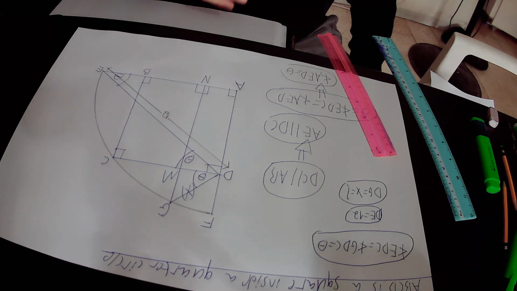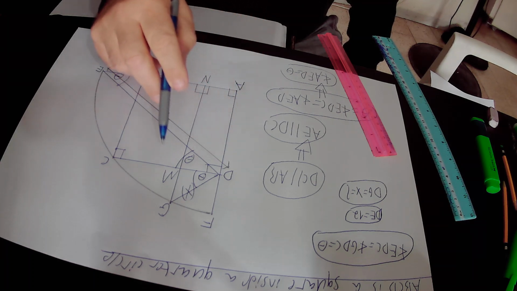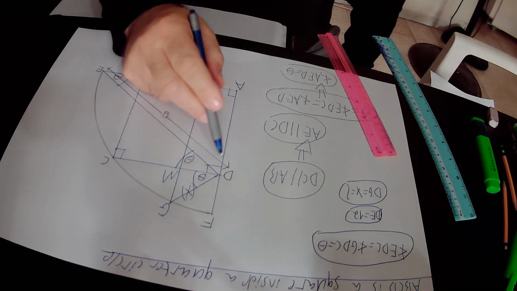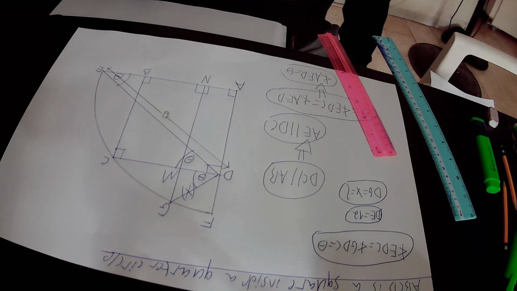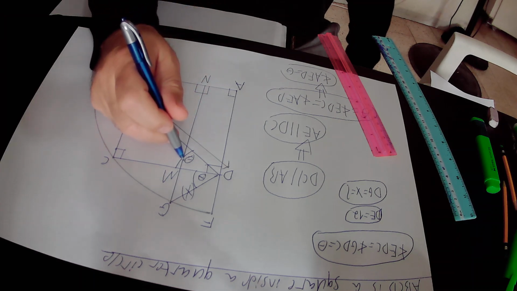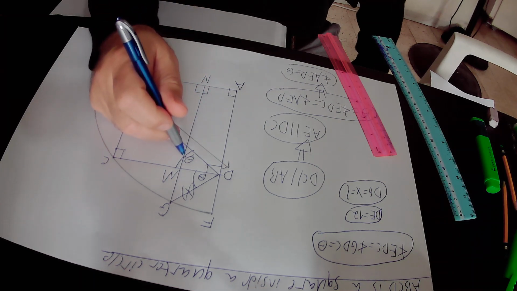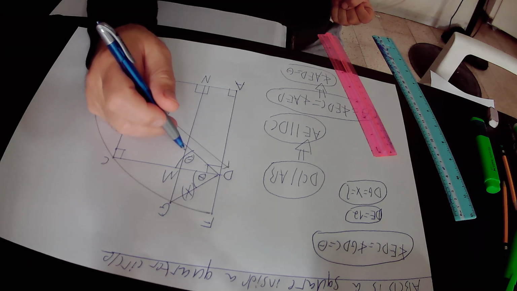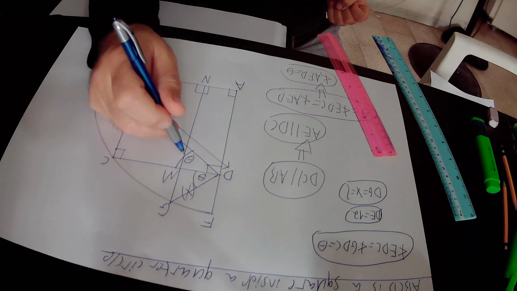So by doing this construction, we created quadrilateral DMNA. Inside this quadrilateral DMNA, we have 1, 2, 3 right angles. The sum of these right angles is 270 degrees. So 270 degrees plus the size of this fourth missing angle must equal 360 degrees, according to the rule that the sum of the angles in any quadrilateral is 360 degrees.